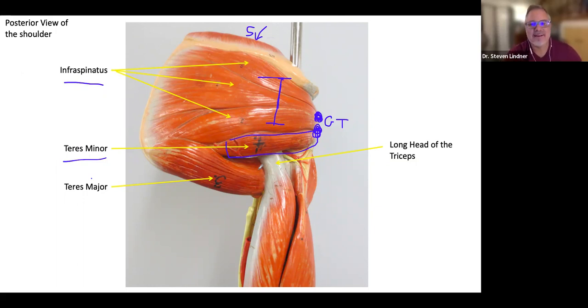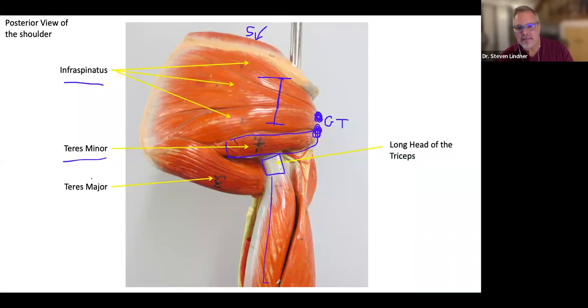Now, if you look at teres minor and you look at teres major, there is a belly of a muscle and a tendon that gets sandwiched between these two muscles. Here's teres minor, here's teres major, here's the long head of the triceps, and this is the tendon of it.